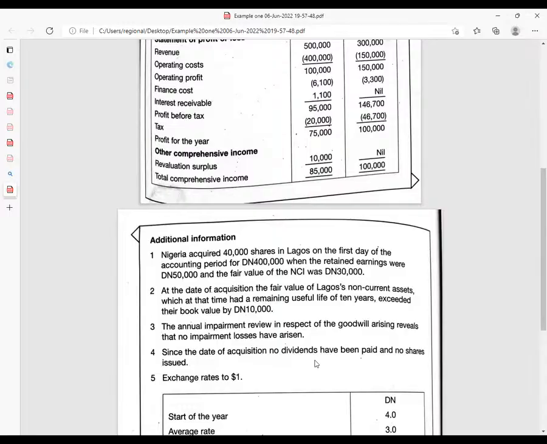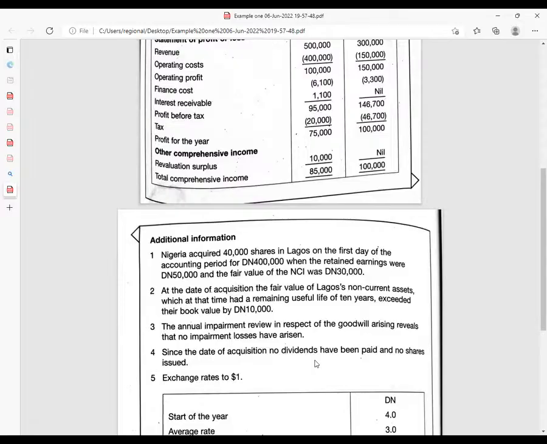At the date of acquisition, the fair value of Lagos' non-current assets, which at that time had a remaining useful life of 10 years, exceeded their book value by DN 10,000. The annual impairment review in respect of the goodwill arising reveals that no impairment losses have arisen. Since the date of acquisition, no dividends have been paid and no shares issued.